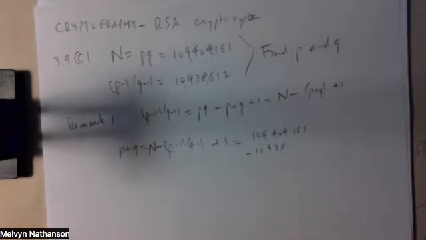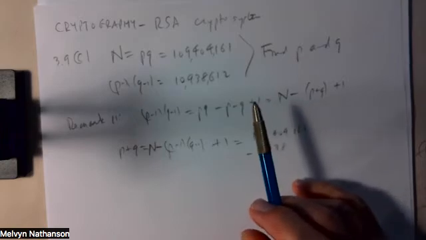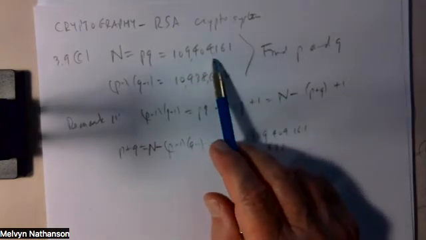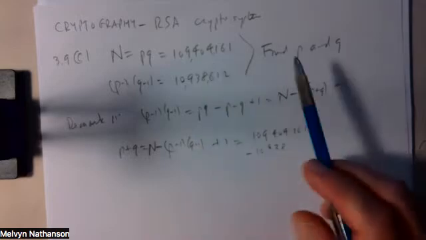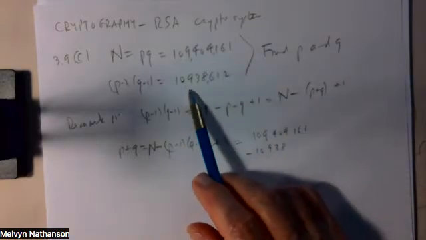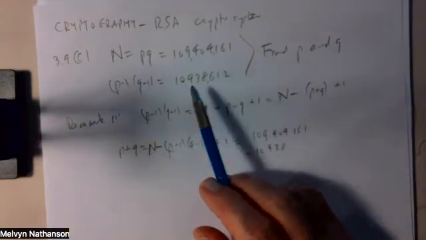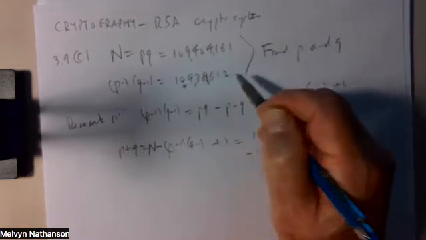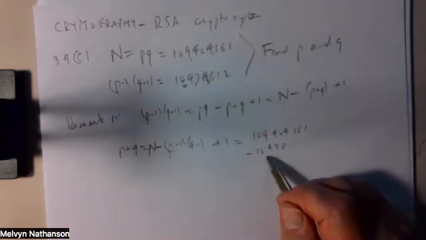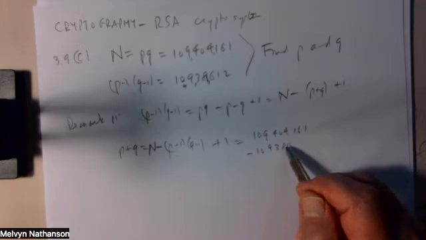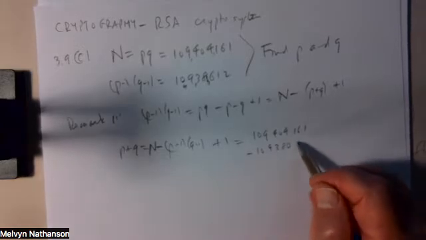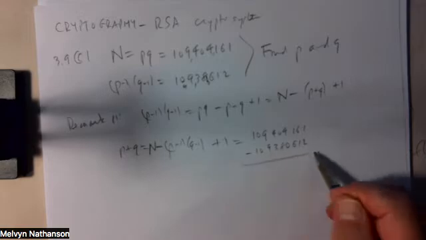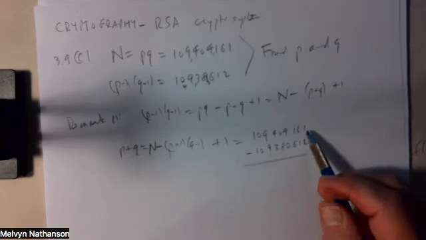Problem 3-9. This is 109,404,161. This is 109,380,612. That's what I thought.